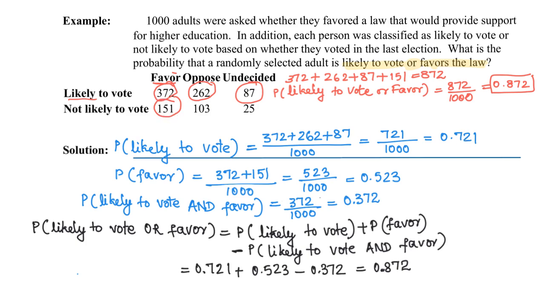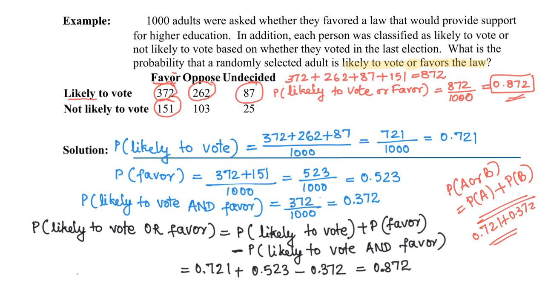If we say the probability of A or B is equal to P of A plus P of B, with only these two, that will be a number bigger than the correct answer. That is happening because we counted 372 twice.